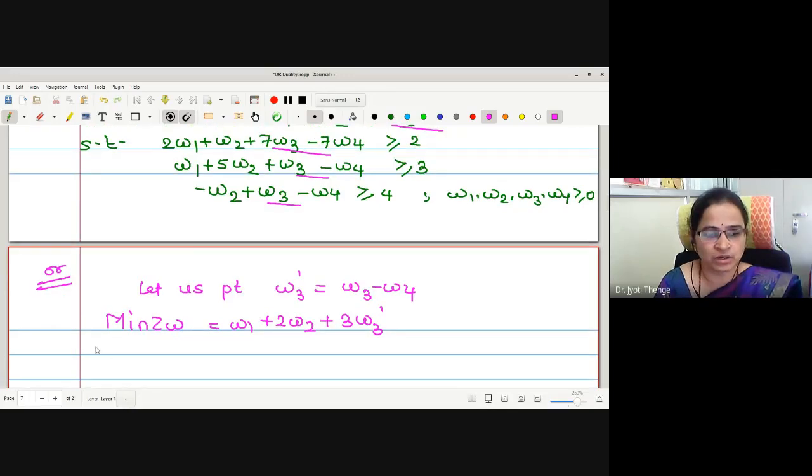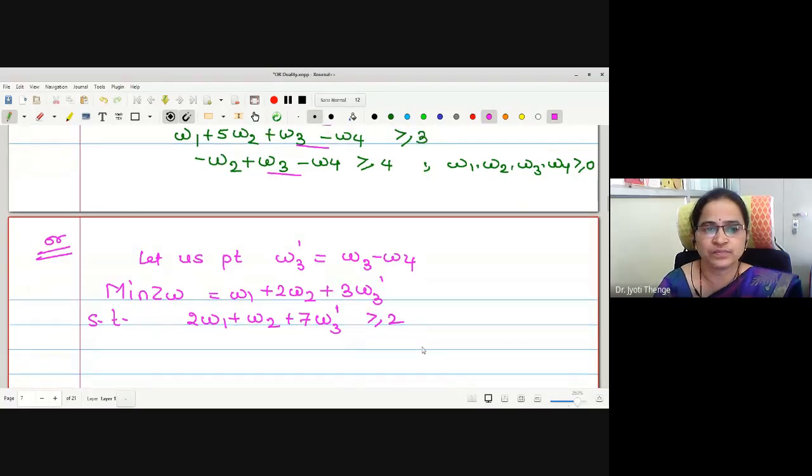Now let me write the constraints. 2W1 plus W2, 7 we take common, it remains with W3 minus W4. Therefore this is 7W3 dash greater than or equal to 2. Next, from these two, I will replace as W1 plus 5W2 plus W3 dash greater than or equal to 3. And lastly, minus W2 plus W3 dash greater than or equal to 4.